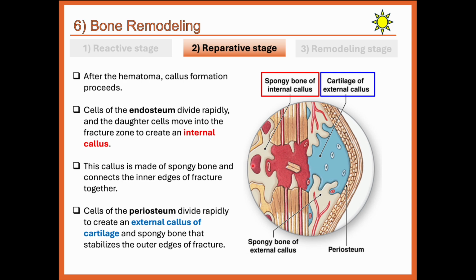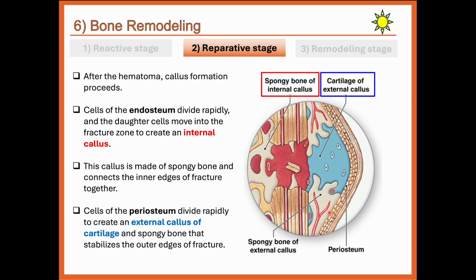It's making bone in this space that was broken, right? This callus is made of spongy bone and connects the inner edges of the fracture together, right? This is why when you break a bone and have a fracture, they tell you to wait a bit before doing exercise, because although it's healed, the spongy bone is not that strong, right?